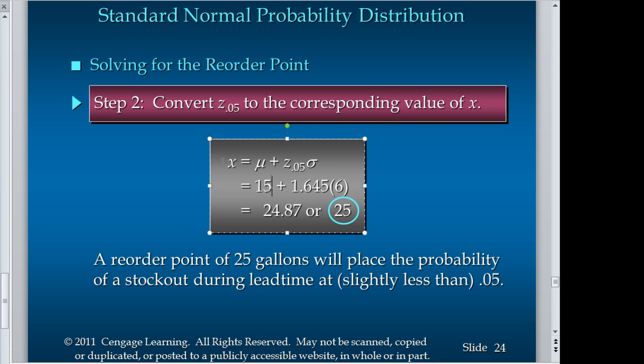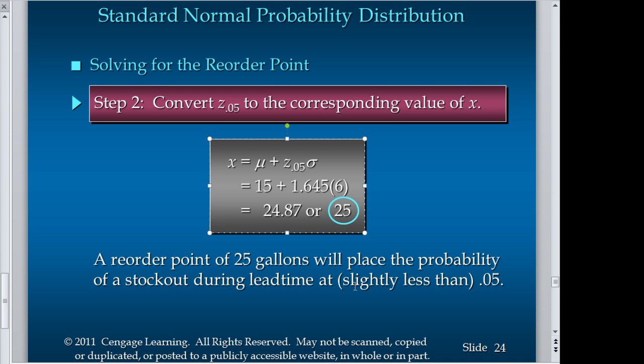So if you find that x, it becomes 24.87, or approximately 25 gallons. So if you have 25 gallons, then you have less than 5% chance of stock out during the lead time.